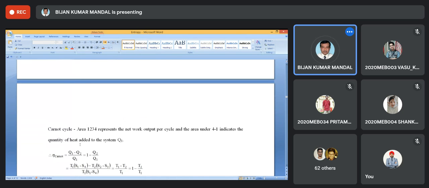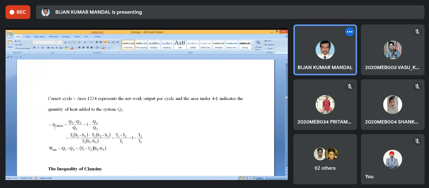So now for that Carnot cycle, I think you know that eta Carnot is 1 minus Q2 by Q1. And now let us put the value of Q1 and Q2 in terms of temperatures and entropy. So T1 into S1 minus S4 minus T2 into S2 minus S3 divided by T1 into S1 minus S4.